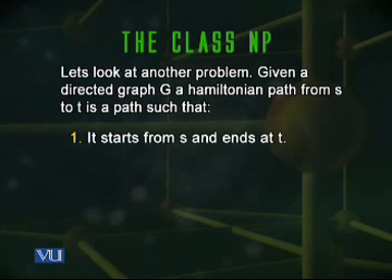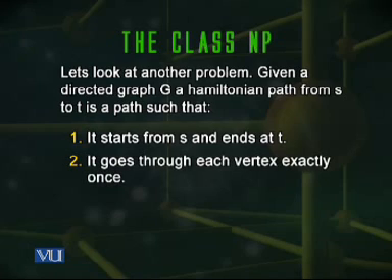Well, it is a path that has to start from the vertex S and it has to end at the vertex T, since it has to be a path from S to T. The second important thing is that it has to go through every vertex of the graph exactly once. So a Hamiltonian path is a path that starts from a given vertex and ends at a given vertex, and it goes through each vertex of the graph exactly once.